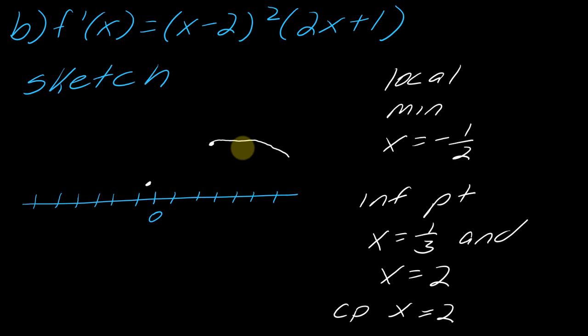So this is a little bit tricky to draw, so it might take you more than one time to kind of wrap your head around it. So I'm going from decreasing, decreasing, and then here at 1/3 I need to see this change in concavity. So I go from decreasing and I'm concave up, and then here I need to switch to concave down. Okay, so let's see if I can just smooth this side out just a little bit more now.